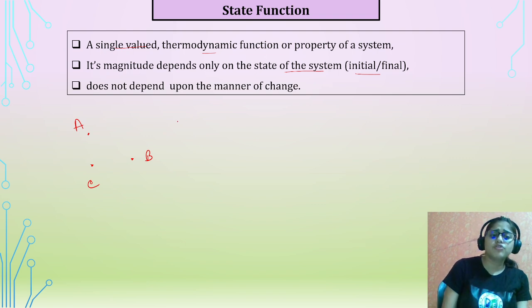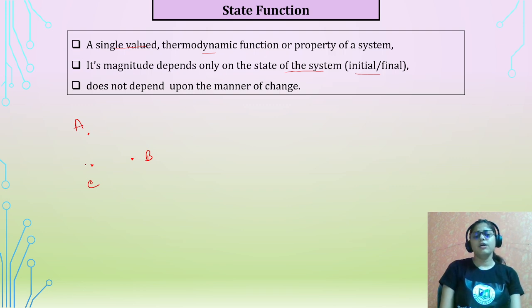Okay. So there are various ways from which A can go. Let's say he goes through this path.